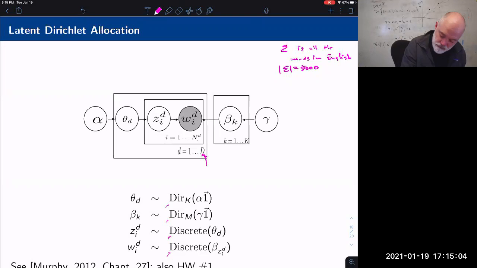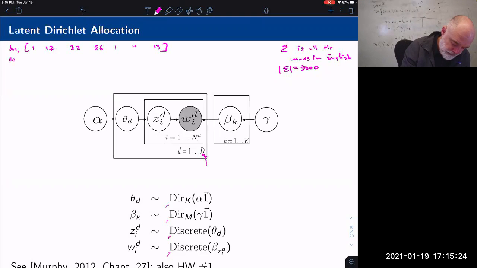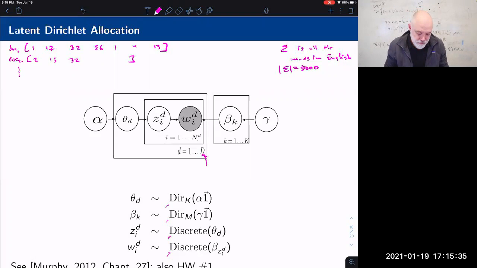And so document 1 will be 1, 17, 32, 56, 1, 4, 13. Okay, that's some sentence, just with an integer corresponding to each word. Doc 2 will be 2, 15, 32, whatever. Okay, you get the idea. Okay, so we've got the documents.